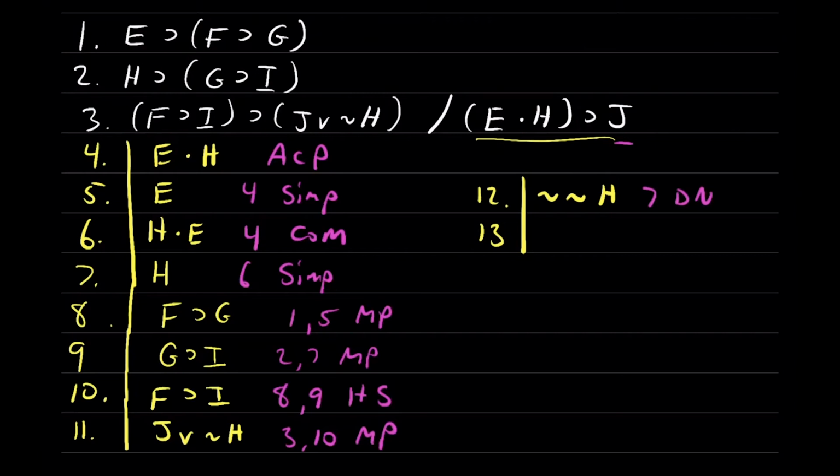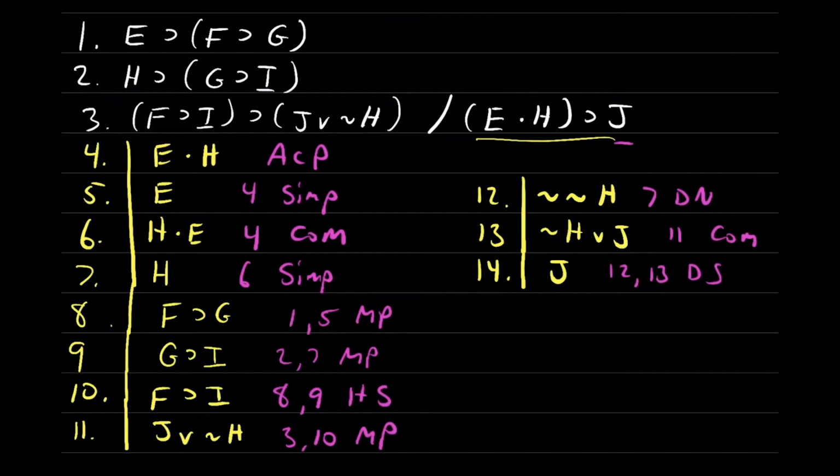So I need to rewrite line 11 as not H or J, and that follows from line 11 by commutativity. Now I can do that disjunctive syllogism step, still inside that vertical line, to get J. That follows from line 12 and 13 by disjunctive syllogism.